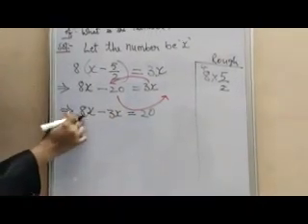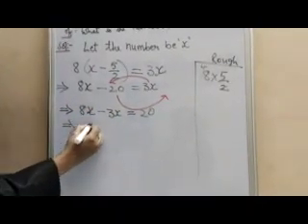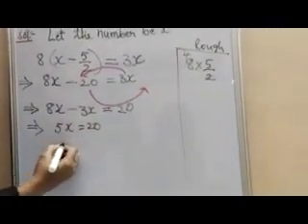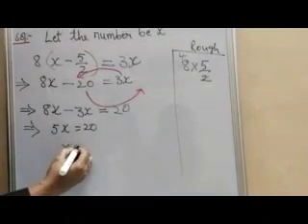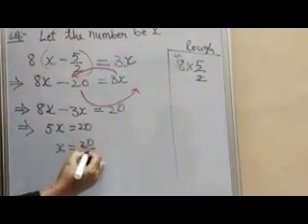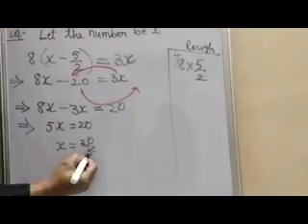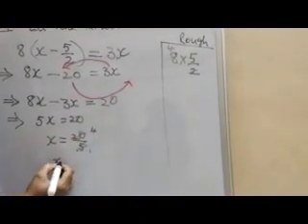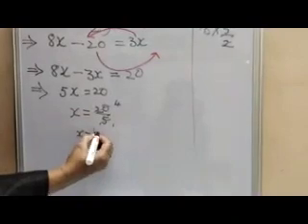Simplify here. 8x minus 3x is 5x equal to 20. Cross multiply, x equal to 20 upon 5. Do the cancellation, 5 fours are 20. Therefore, x is equal to 4.